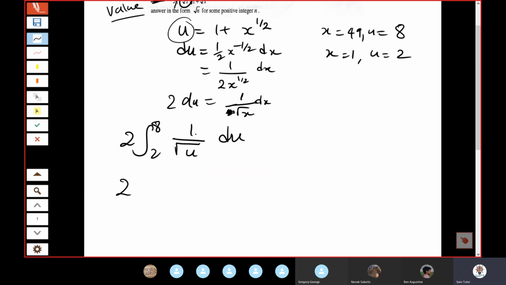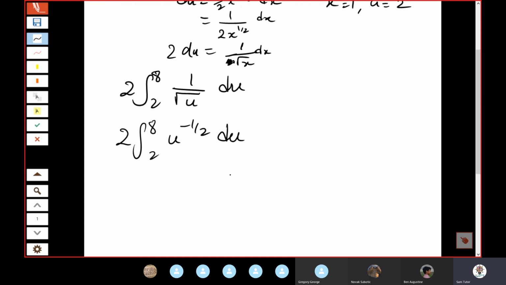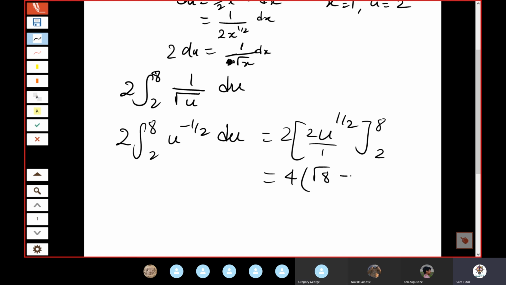So again, you're not allowed to have 1 on root u in the bottom. That becomes u to the power of negative half. Integrate u to the power of negative half becomes u to the power of positive half times by 2 over 1, 8 and 2, and the answer would be 4 root 8 minus root 2.